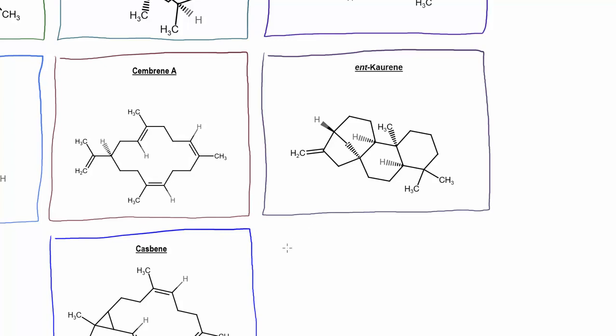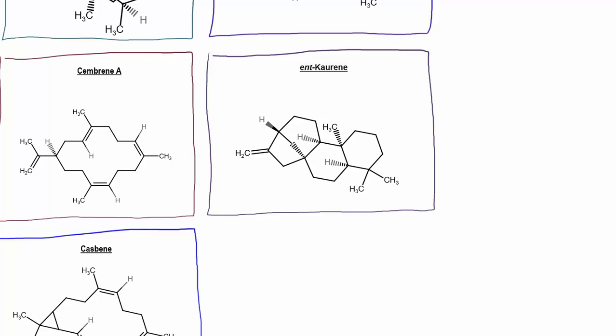Now entcorine, if you study A-level biology, in some courses it would be in year 2 of A-level biology within plant biology. Well, not this particular molecule, but it's used by plants.